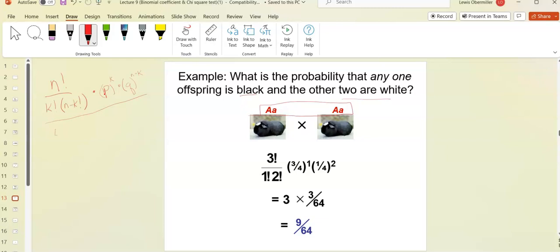So let's go back to the question. 4 boys and 2 girls, any order. So let's try to solve for this. So how many outcomes are there? Well, there are 6, right? Because we have 4 boys and 2 girls. That's 6 children. So n equals 6.